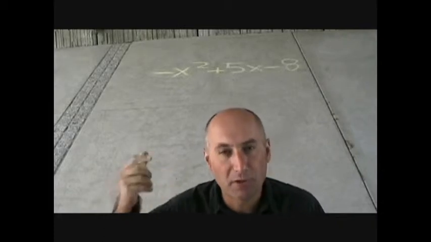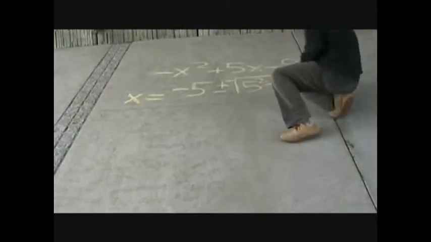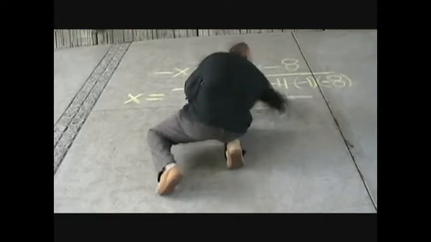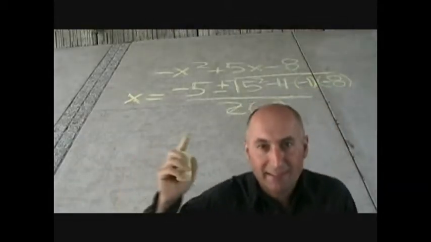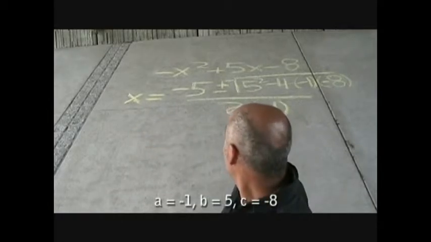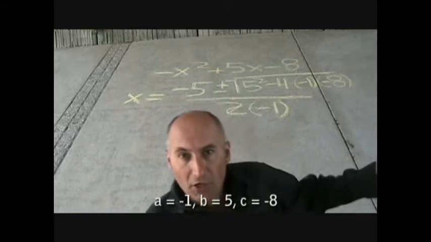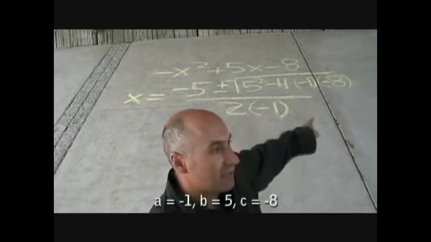So what we're going to do is plug that into our quadratic formula. So what we got is negative 5 plus or minus 5 squared, which is going to be 25, minus 4 times negative 1 times negative 8.